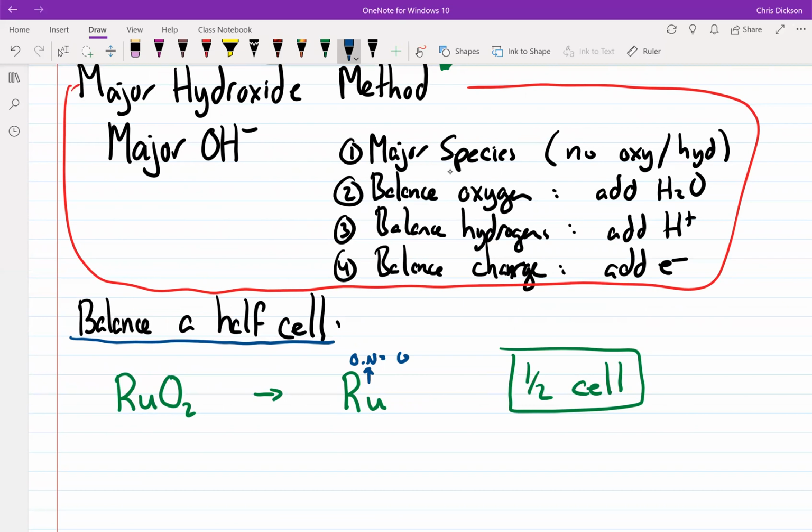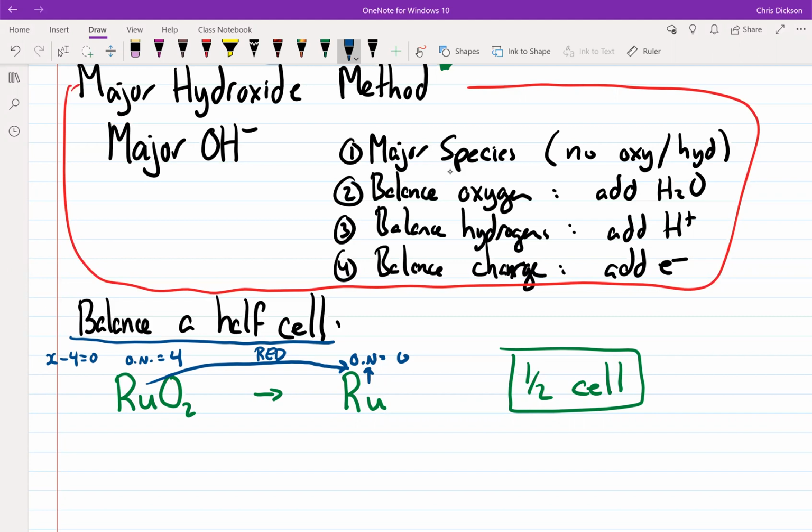And over here, the oxidation number of the Ru would be X minus the 4 for the oxygen equaling 0, so the oxidation number here is equal to 4. So we're going from 4 to 0, and so that's definitely reduction going on. So I'm thinking there's got to be electrons being added here at some point. But let's use this major hydroxide method and show you how you balance it.